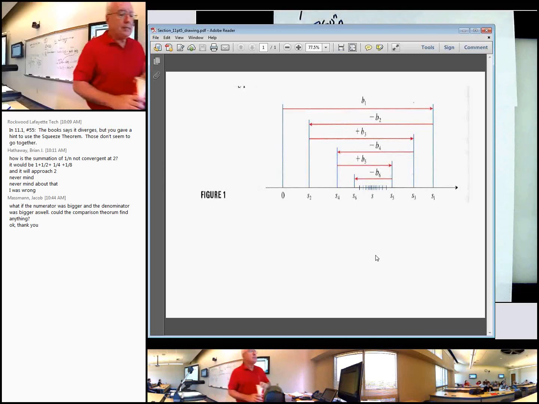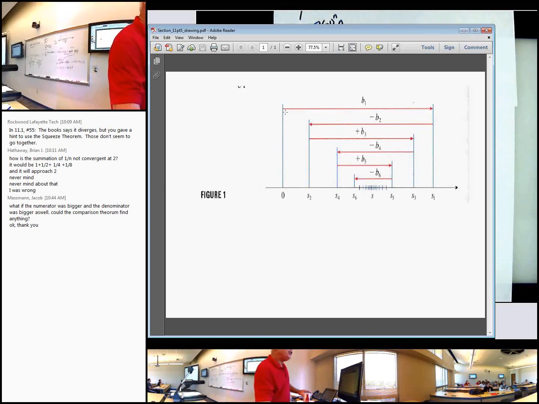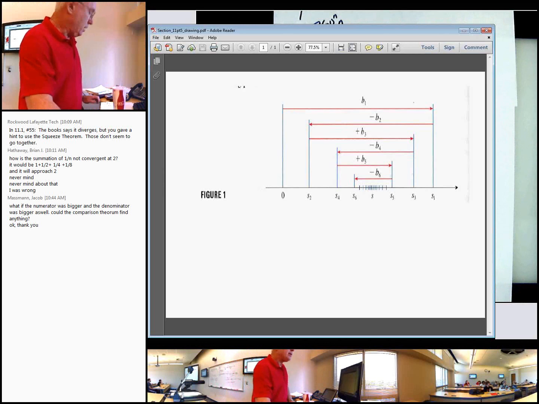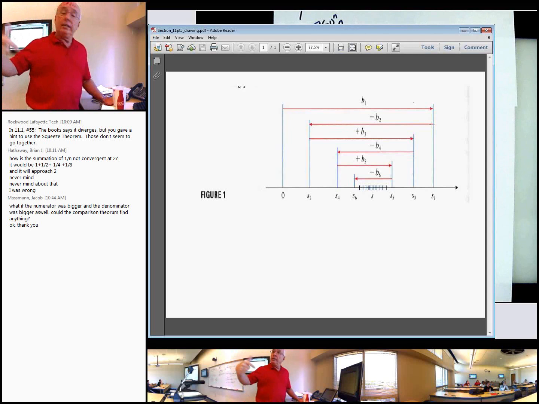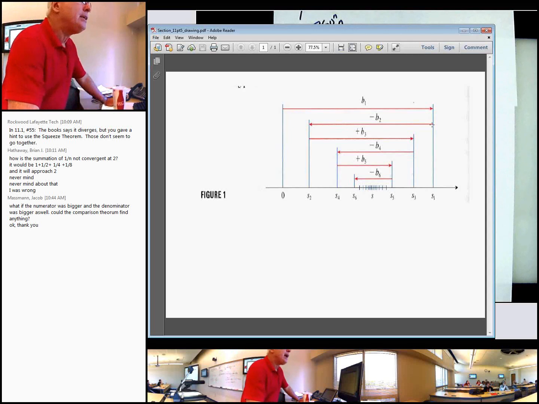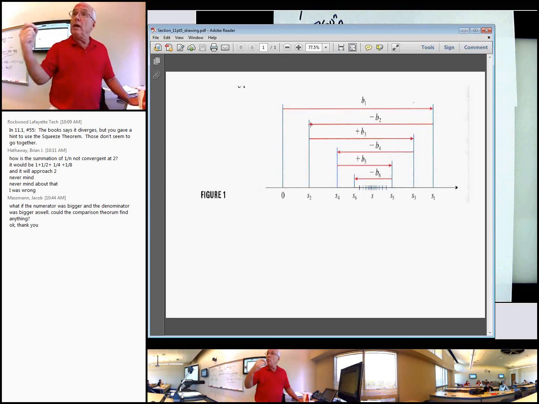So these are our b terms here that we keep adding and subtracting. Notice they're positive. So notice we have our b1, which is biggest, and that's a positive term. And then we're subtracting from it, because they alternate in sign, the b2 term, but it's smaller, so we're not going all the way back.